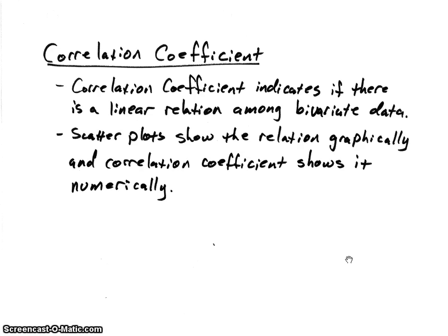As you see on the plot in the previous page, the scatter plot shows us the relationship between the x and y values graphically, whereas the correlation coefficient will give us a single number that lets us know how linearly related the x data and the y data are.